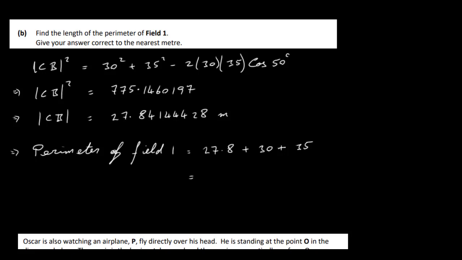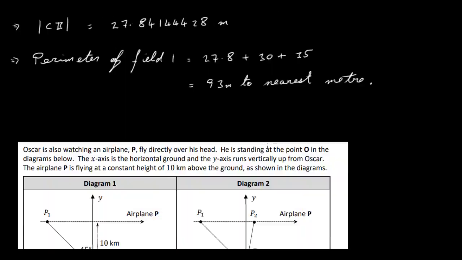And that's going to be 92.8, which is 93, and that's meters to the nearest meter. Okay, that's it for B.